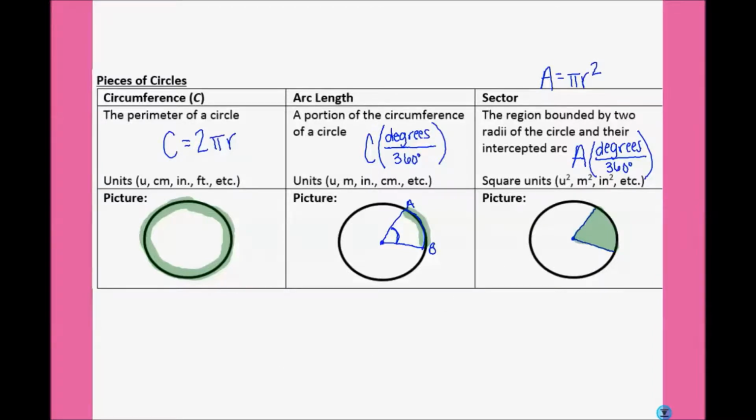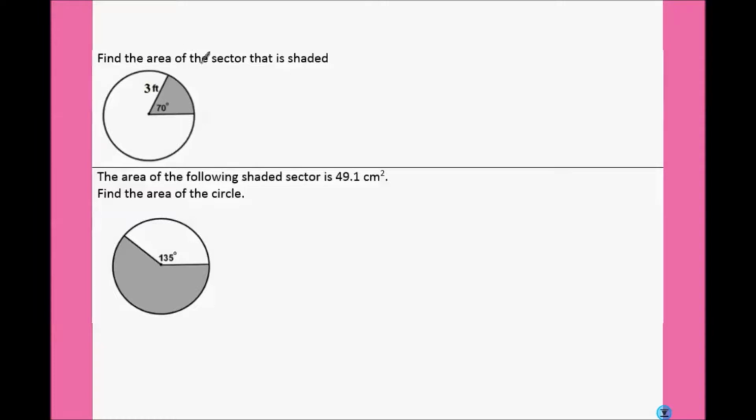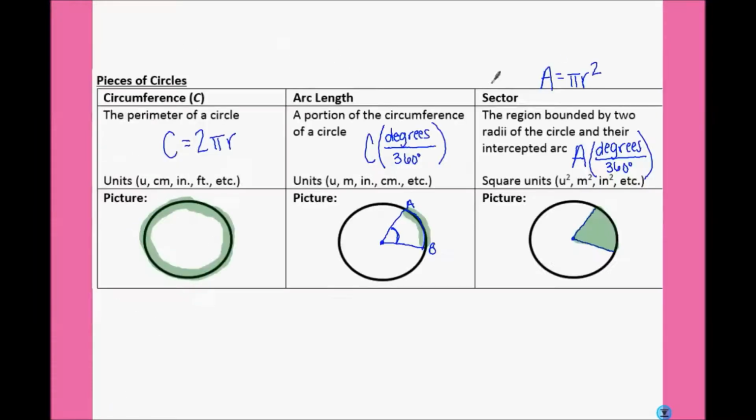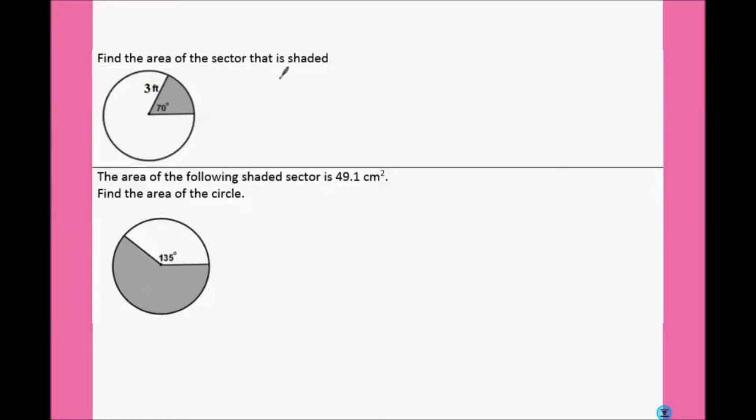So let's look at some examples. Find the area of the sector that is shaded. So we're going to have to use our sector formula. It's the area, which they didn't give us, so we're going to have to use pi r squared times the degrees over 360. So bring down the pi. Our radius shown in the picture is 3. Multiplied by the degrees of the angle and the arc, which would be 70 degrees over 360 degrees.